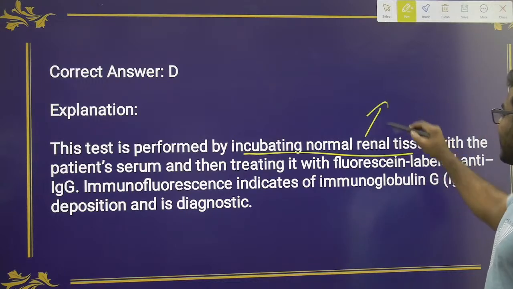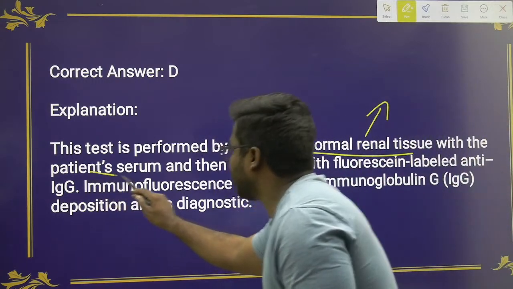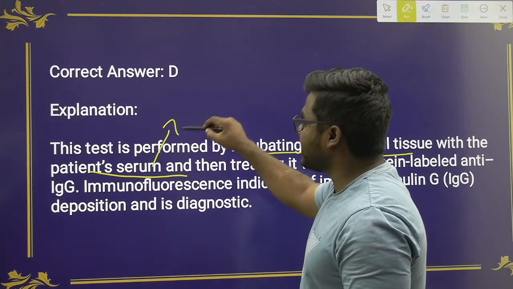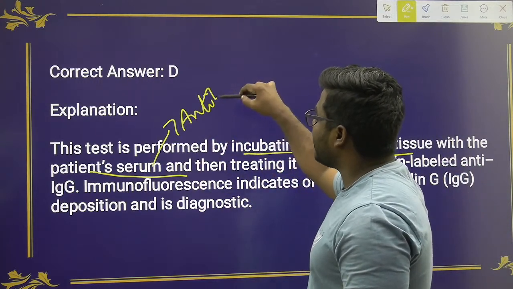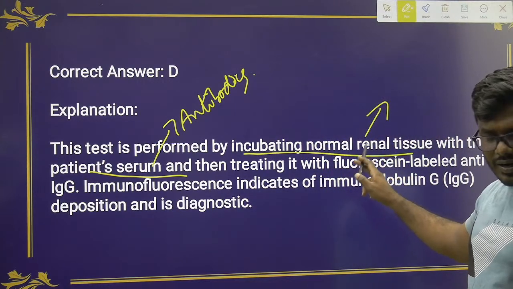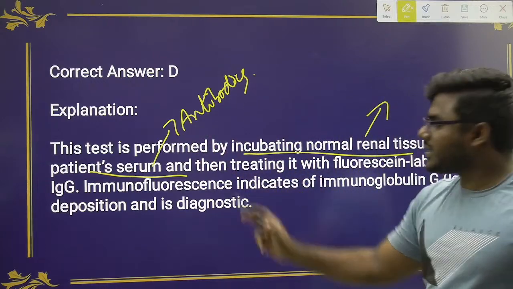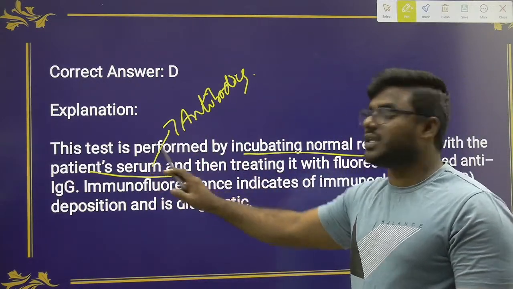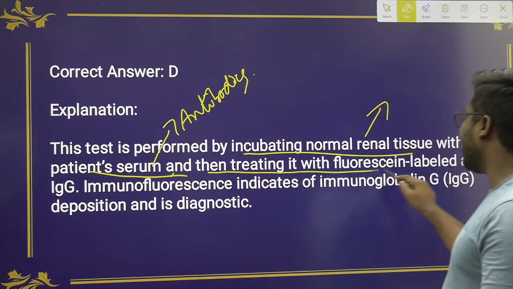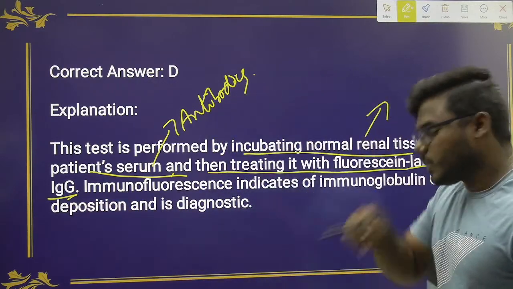We will take a kidney tissue along with the patient serum. What does the patient serum contain? Patient serum contains antibodies. So we have taken a renal tissue, and the antibodies present in the patient serum, and then we treat with the fluorescent labeled antibody IgG.